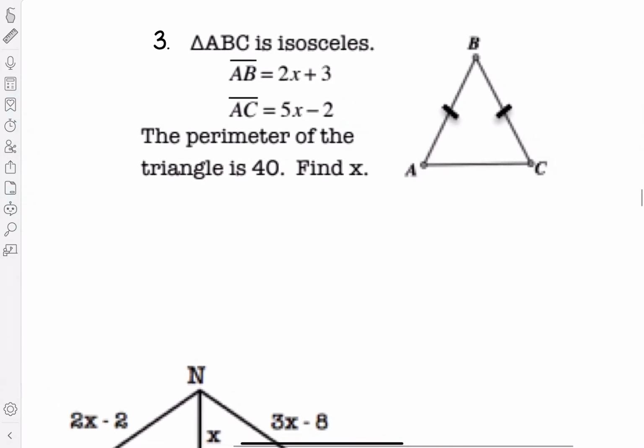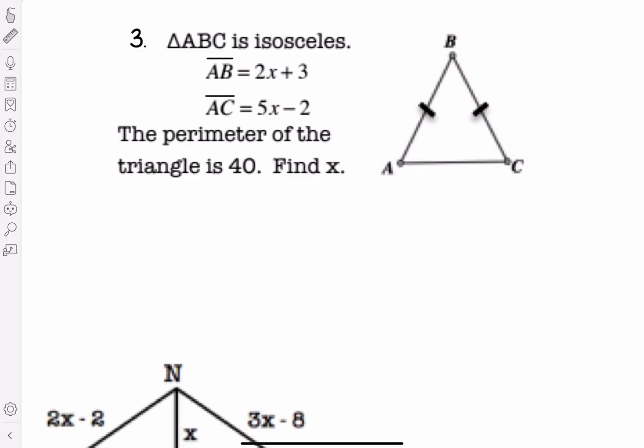Okay. Number 3, I'm told that ABC is an isosceles triangle. I'm told AB is 2x plus 3. And then I'm told AC is 5x minus 2. Since this is the same as this, I can say that this is also 2x plus 3. And they told me that the total perimeter is 40.